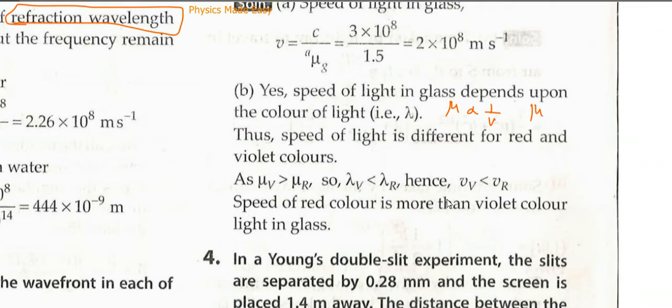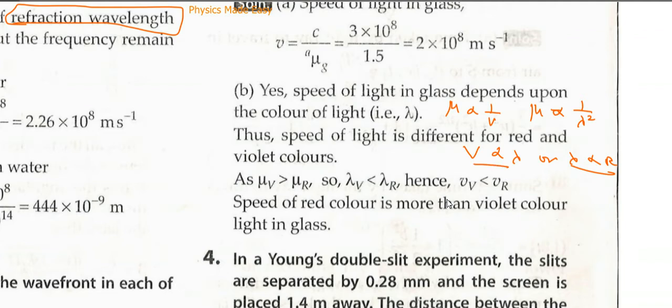And mu, according to Cauchy's formula, is inversely proportional to a function of lambda square. So if mu is inversely proportional to V and mu is inversely proportional to lambda square according to Cauchy's formula, we can say that V is proportional to lambda, or lambda is proportional to V, whatever may be the case.